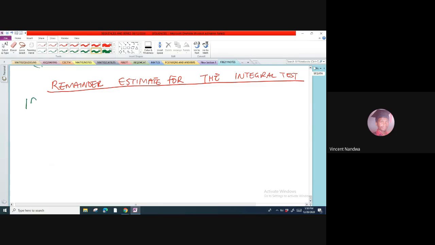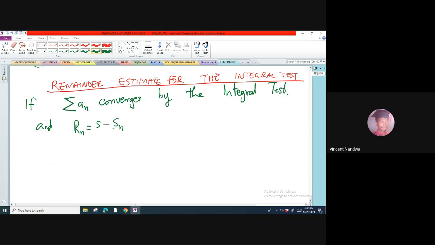So we say if the series a_n converges by the integral test, and R_n equals S minus S_n, then the integral from n plus 1 to infinity of f of x dx is less than or equal to the remainder R_n. So this is what we have.